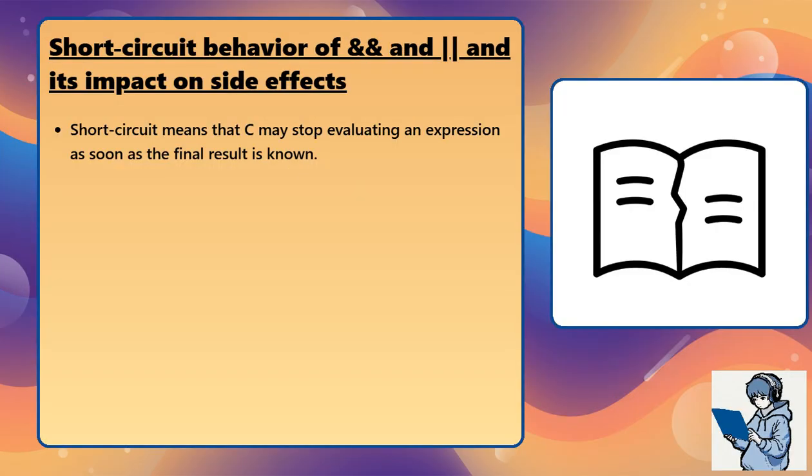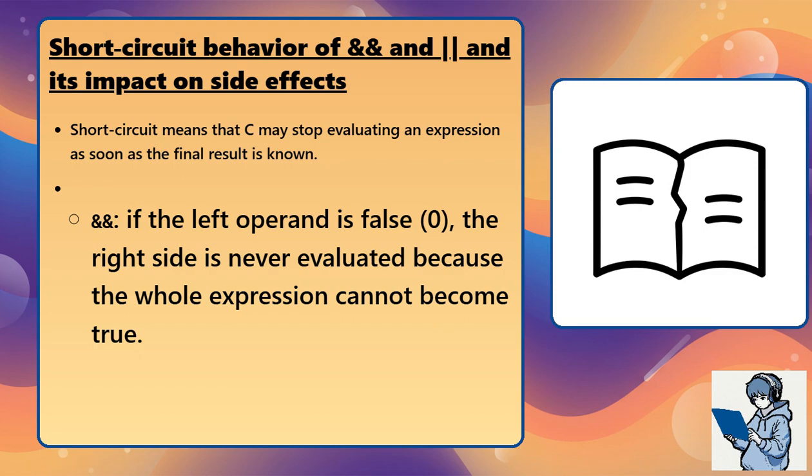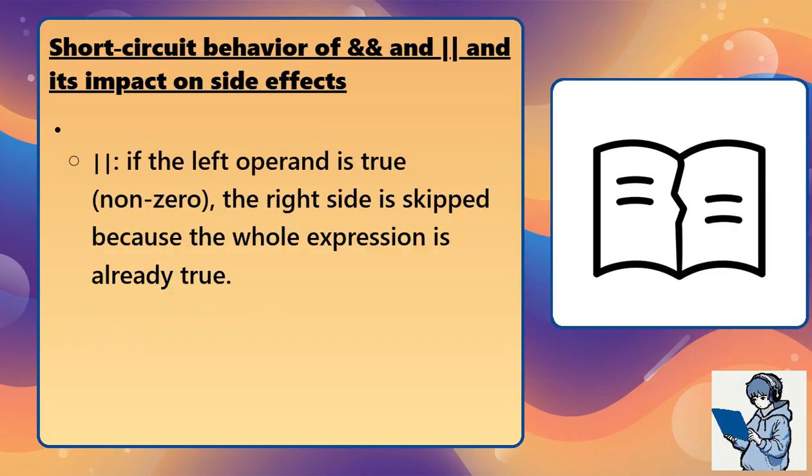Short circuit means that C may stop evaluating an expression as soon as the final result is known. And: if the left operand is false, 0, the right side is never evaluated because the whole expression cannot become true. Or: if the left operand is true, non-zero, the right side is skipped because the whole expression is already true.